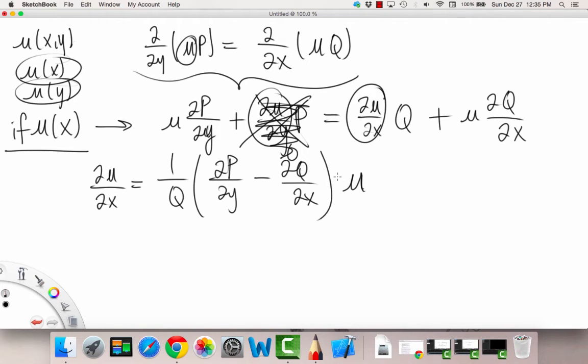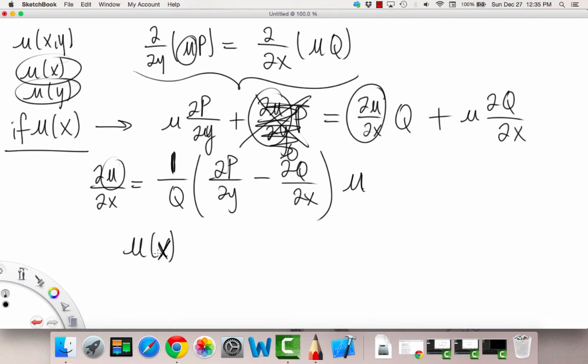All right, so when we get to this point, this turns into somewhat of a separable equation, okay? And we can just solve for mu, and we'll get our mu of x. I'll do an example of this. This is just talking theoretically about the process, okay?